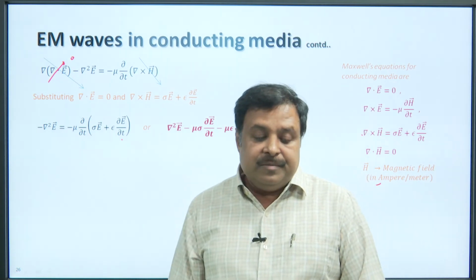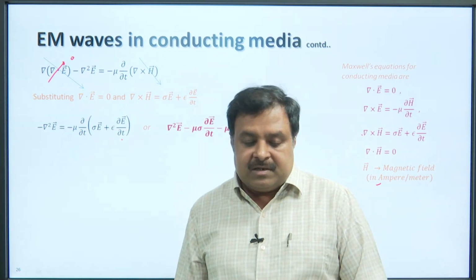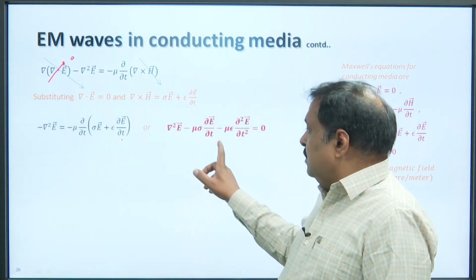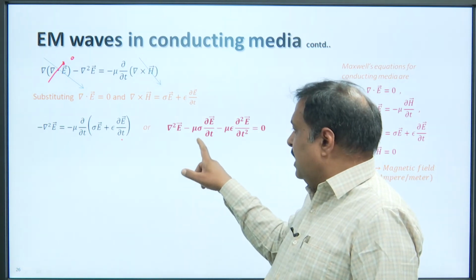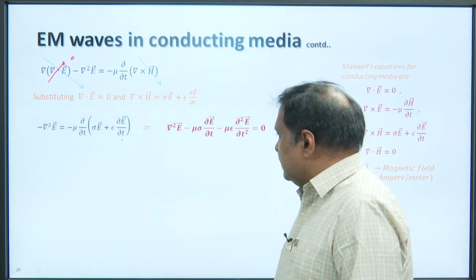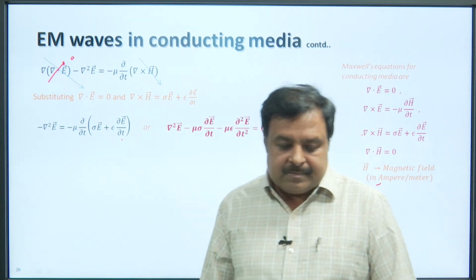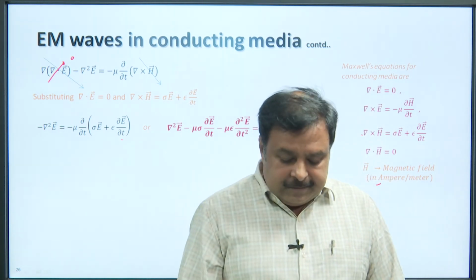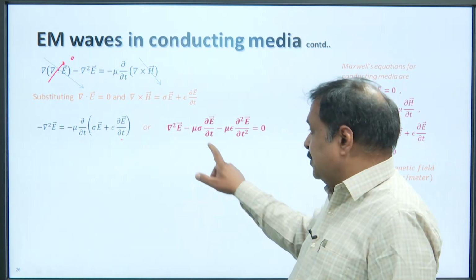In case of non-conducting media and free space, this term did not exist, in which we have single derivative of electric field with respect to time, but in case of conducting media we have this term also.